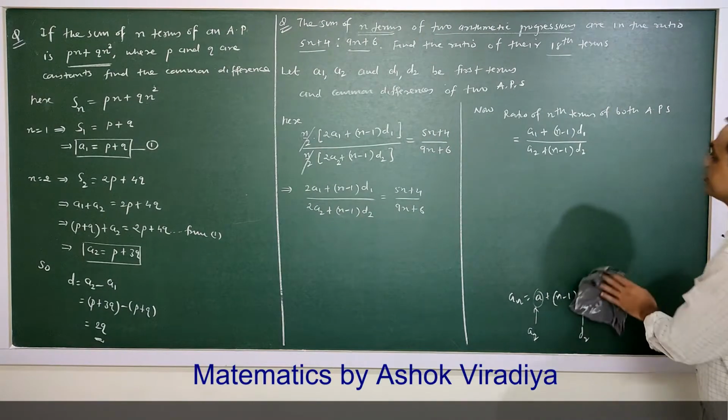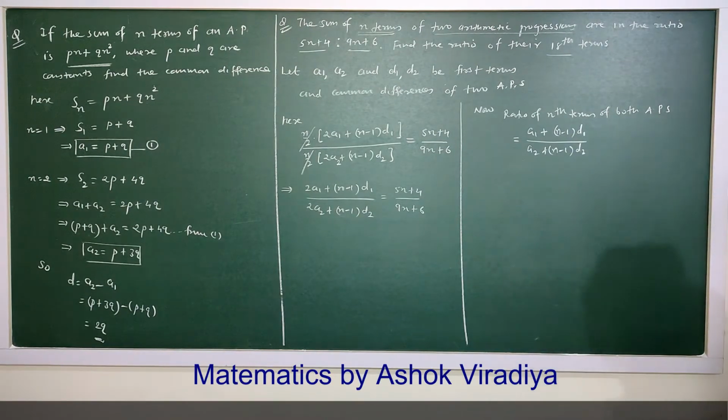So this is ratio of nth terms of both the arithmetic progressions.